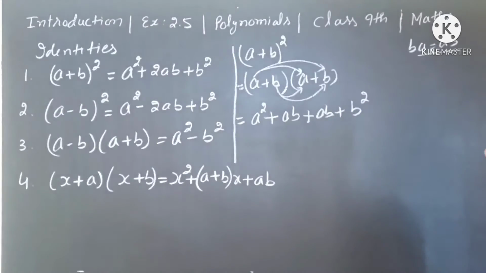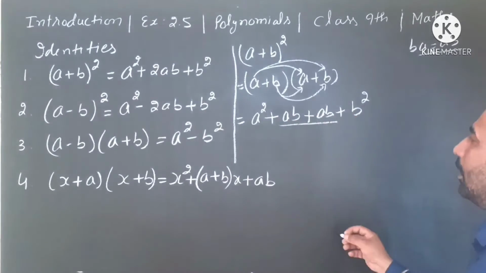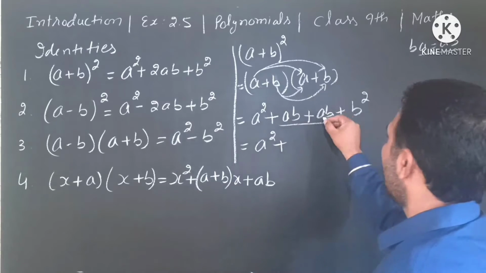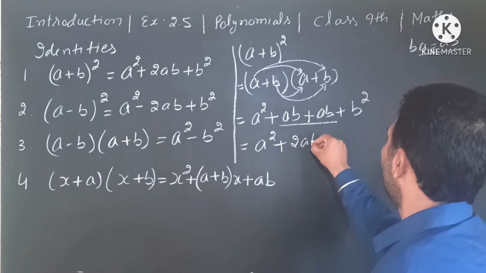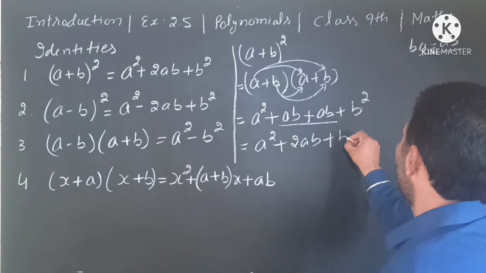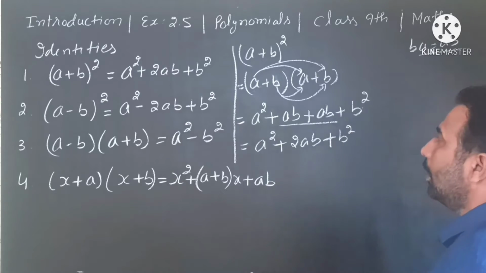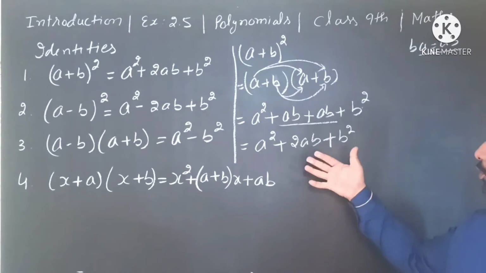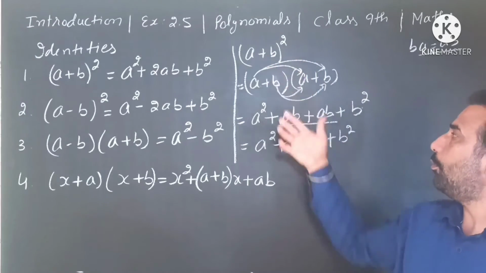After that we will add the like terms. So a² plus ab plus ab is 2ab, plus b². Now you can check, students, this is a shortcut method to find the product of two binomials.